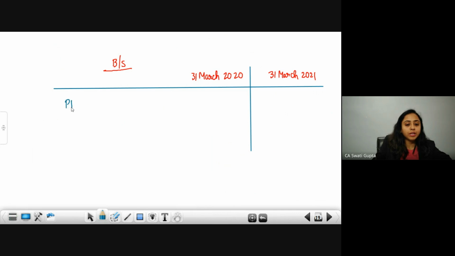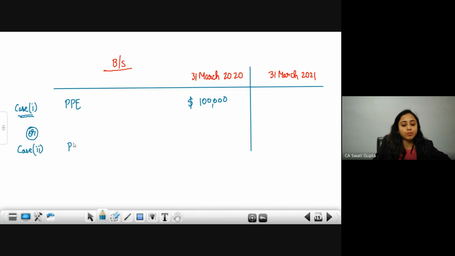You had property, plant and equipment shown as 1 lakh. Got it? This is your case 1. And for example, case 2. Again in this case, your PPE is shown at $100,000.